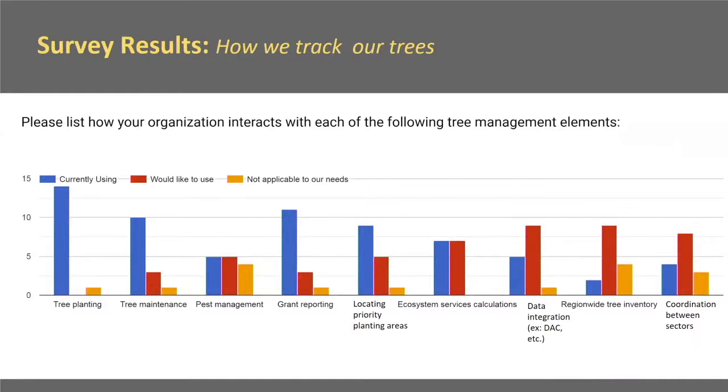So coordinating between sectors, but also getting that regional inventory, telling the whole story of all the trees, being able to integrate data. So some of that, bringing different pieces together, which is interesting. And then ecosystem services calculation was split 50-50, which I thought was really interesting too.